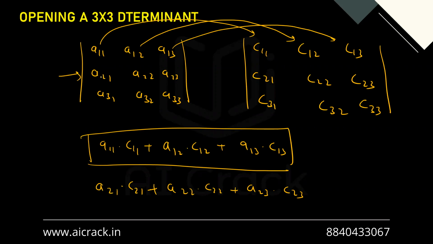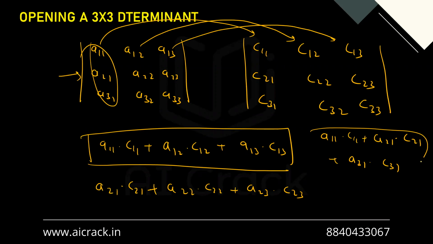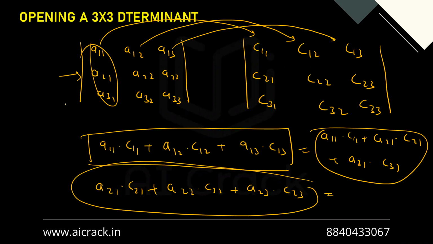If I do it for the first column, I'll get A11.C11 plus A21.C21 plus A31.C31. All these values would be equal to the value of the determinant. We can find the determinant by opening it along row 1, row 2, row 3, column 1, column 2, column 3, with the help of these cofactors, and the answer would be exactly the same.